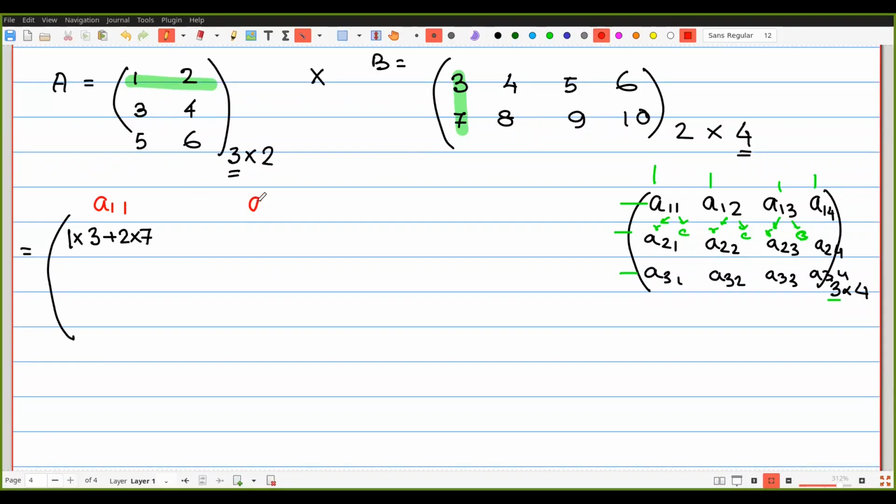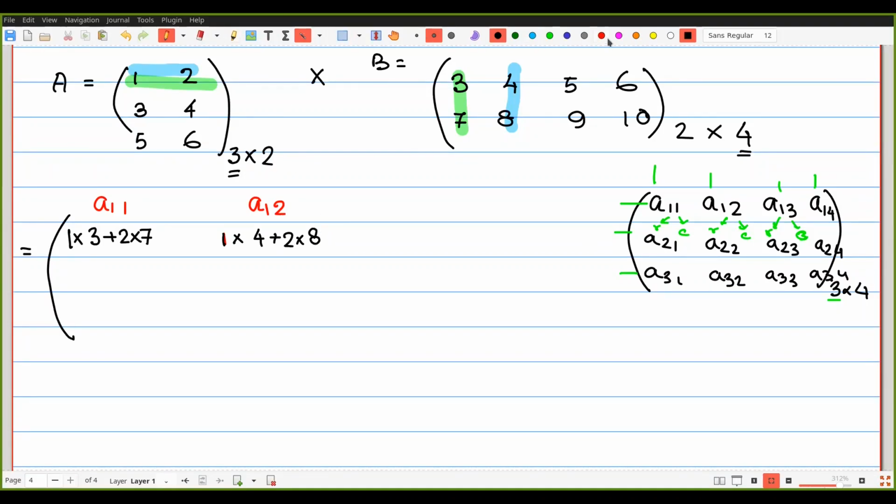The next element is A12, first row, second column, so that must be 1 into 4 plus 2 into 8.